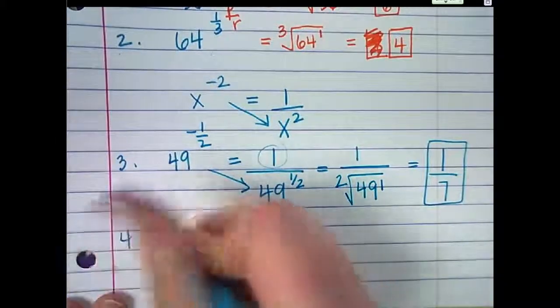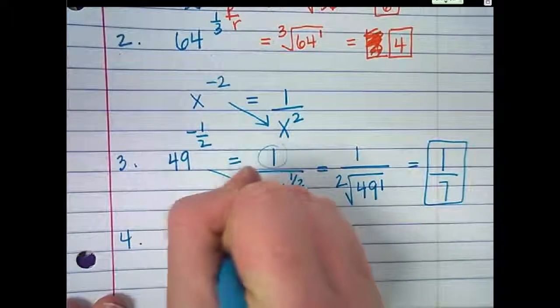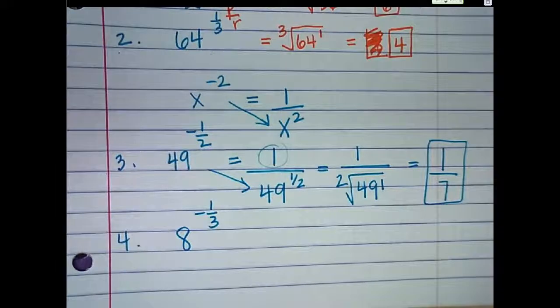Okay, number 4, 8 to the negative 1/3. So try it. Anytime you have a negative exponent, make it positive first, then change your radicals.